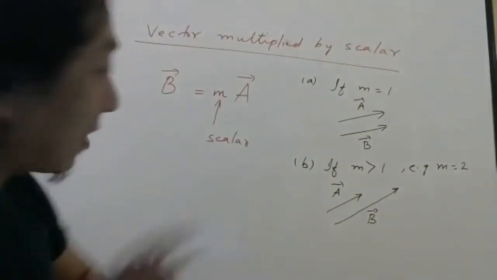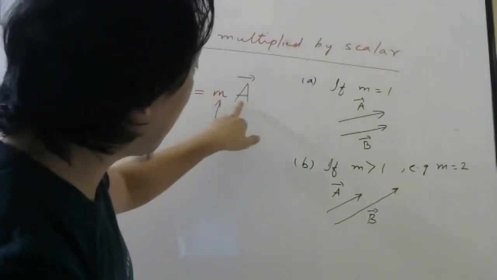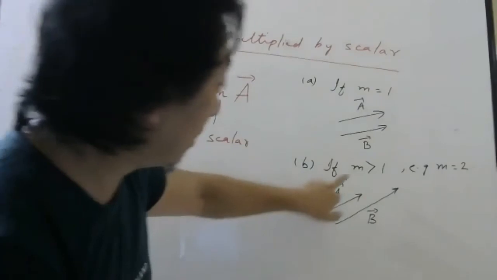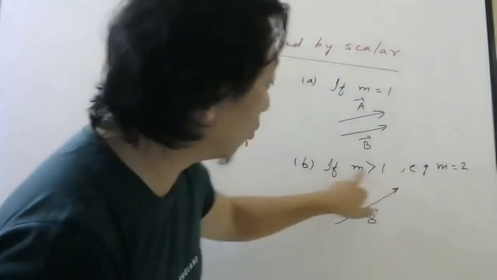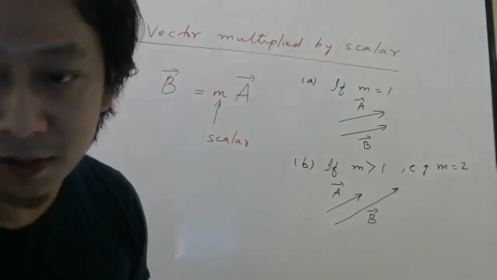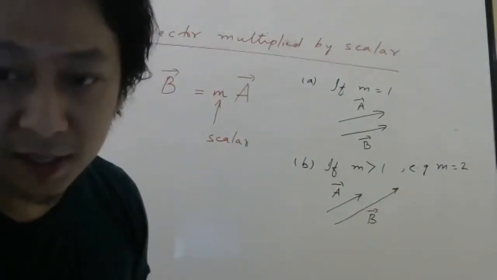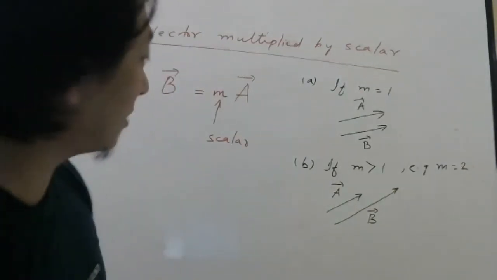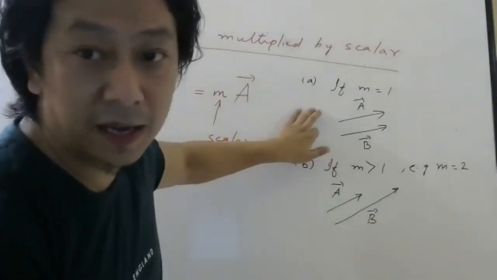Okay, students. So what I'm trying to tell you: when you multiply a vector A bar with a scalar which is more than 1, let us say 2, then A bar doesn't become B bar. Here A bar and B bar are equal only when M is 1.